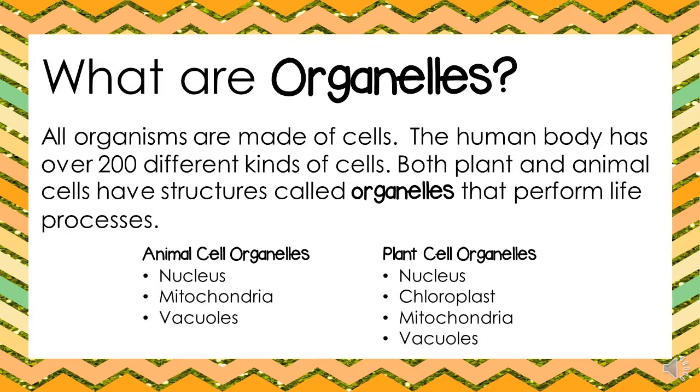You have mitochondria, the powerhouse, and vacuoles, which are the storage. Plant cell organelles have all the same except for the chloroplast, which we mentioned slightly when we talked about plants. That's where photosynthesis occurs in the cell.